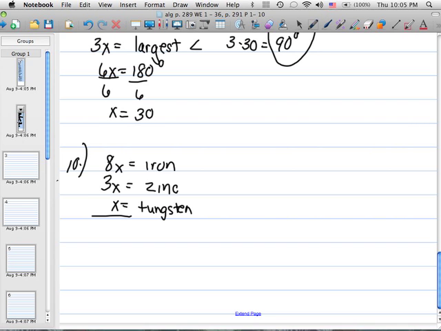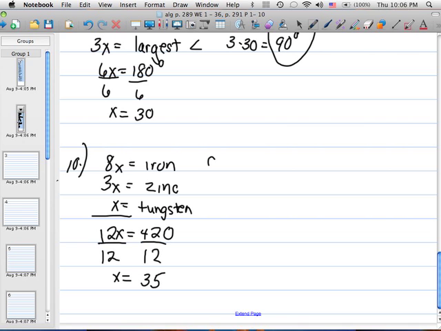So if I add those, I get 12x equals 420. And divide by 12. So x equals 35.